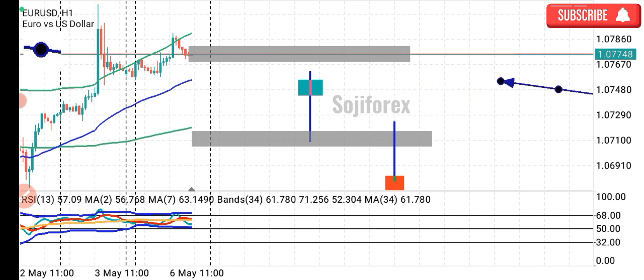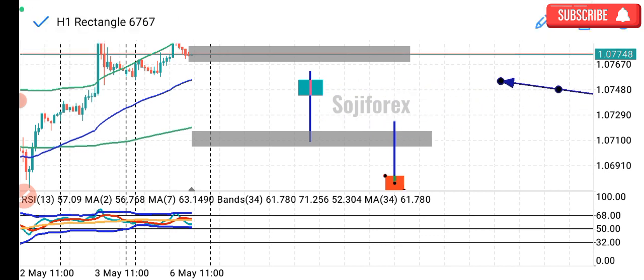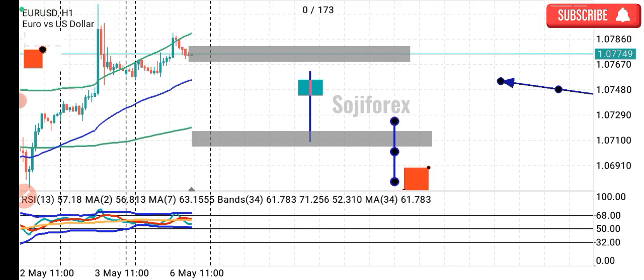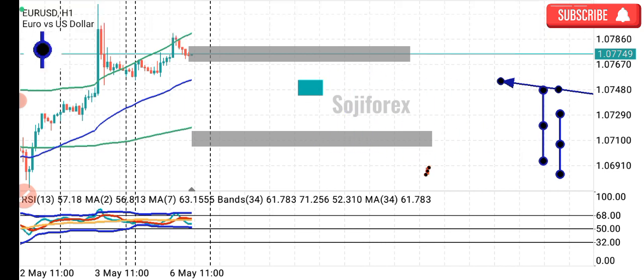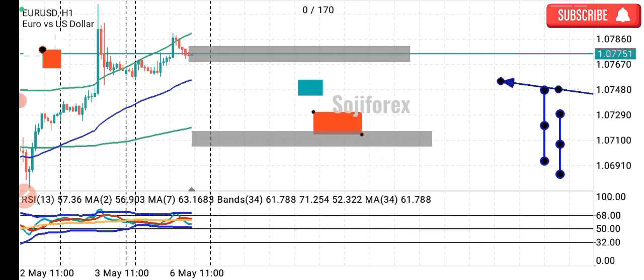Another candlestick pattern is the engulfing candlestick pattern. And when we are referring to an engulfing candlestick pattern, we are referring to a candlestick that covers the entire body of the previous candlestick's formation.